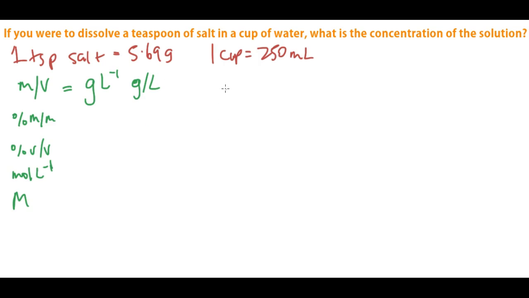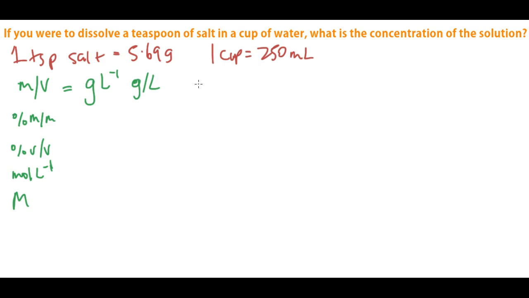First things first, when you're talking about mass per volume, you need to make sure that the units are the same. You can do grams per mL, but the general convention is grams per liter. You can do kilograms per liter, but this is the general convention.